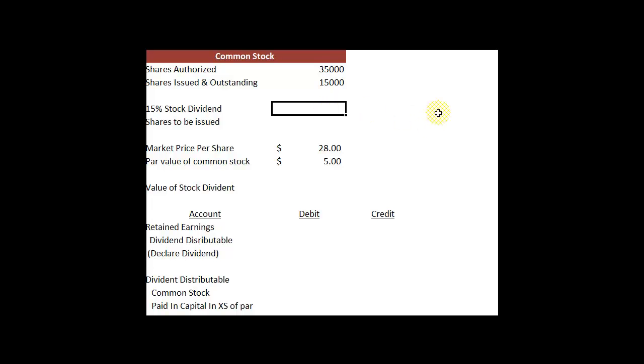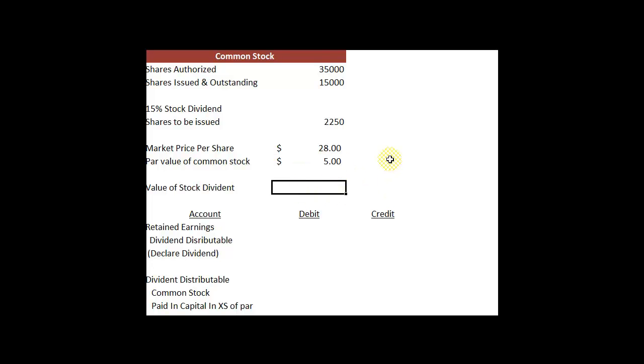Obviously, we're just giving them additional stock instead of cash. And we're going to give out 15%, not of the authorized, but of the outstanding amount of common stock. So we're going to issue another 2,250 shares. And we're told that the market value is $28 per share when this happens. We're also told the par value of the common stock is $5.